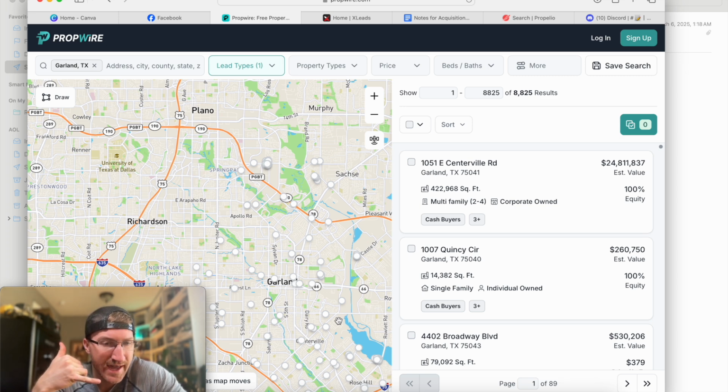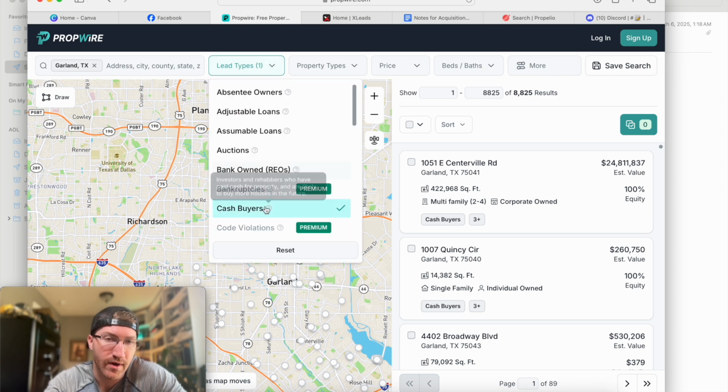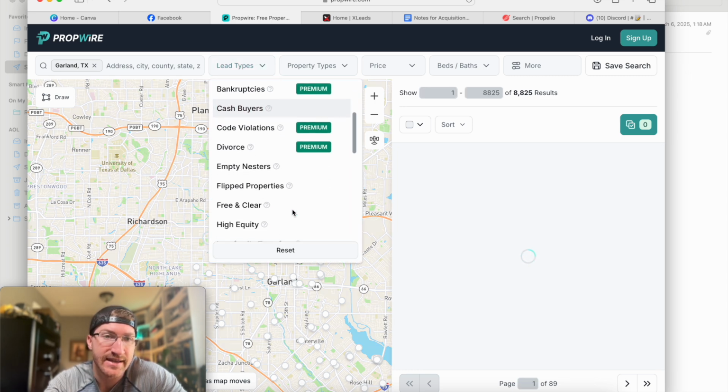You then call these cash buyers and say, hey, Mr. Cash Buyer, I've got a house that's on XXY Street. Would you be interested in buying it from me? And this is what the price for it is. So looking at cash buyer lead types on PropWire is a great way to go about finding real estate investors in your area.